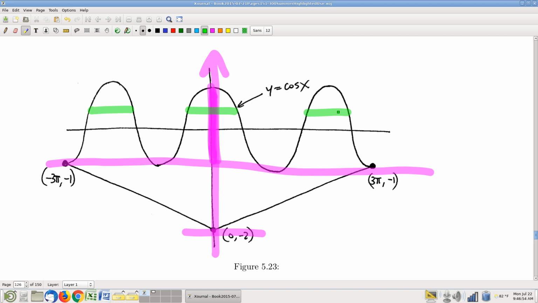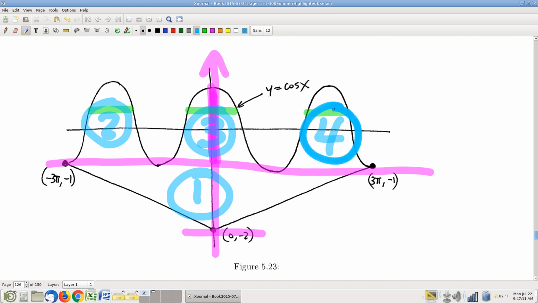Which are actually 3 separate intervals, and so you're going to have all together then one integral for the bottom part, and then you're going to have 2, 3, 4, a total of 4 separate integrals doing it this way. And it's worse.